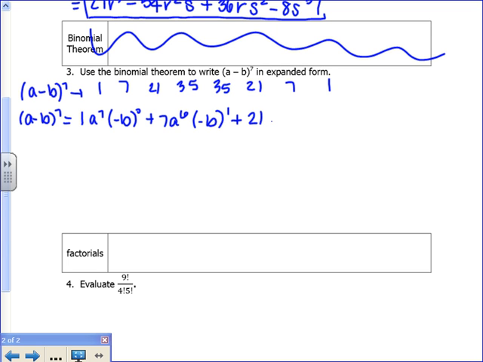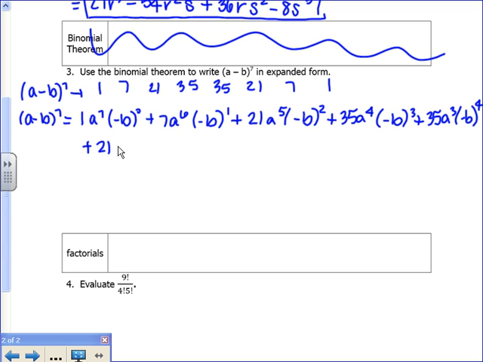Plus 21, a to the 5th, negative b to the 2nd. Plus 35, a to the 4th, negative b to the 3rd. Plus 35, a to the 3rd, negative b to the 4th. Just remember which ones you're counting up on, which ones you're counting down on.